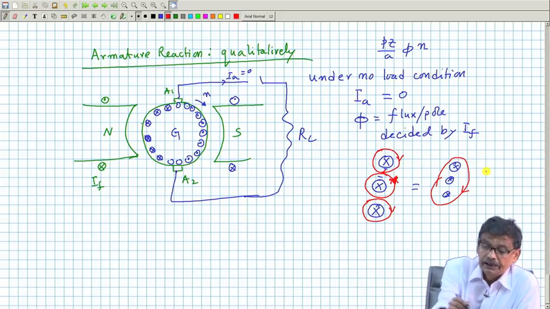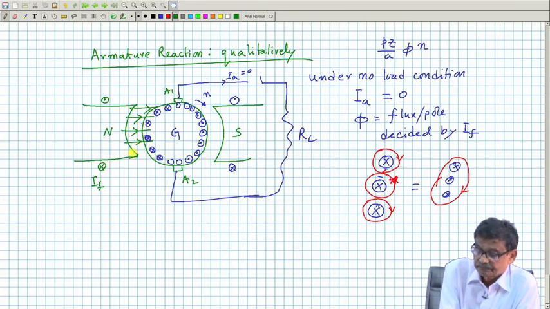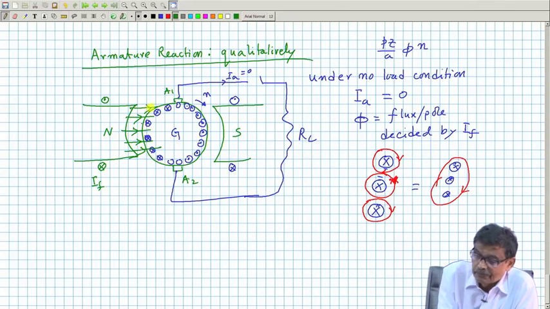Now, you see the original lines of force produced by the field coil, it was like this, uniformly distributed when there was no armature current. Now, what I find is that for each of these conductors, this was the original flux and there is an MMF here. So, this will be more, this will be more, and when you come to this side, it will be opposing this.